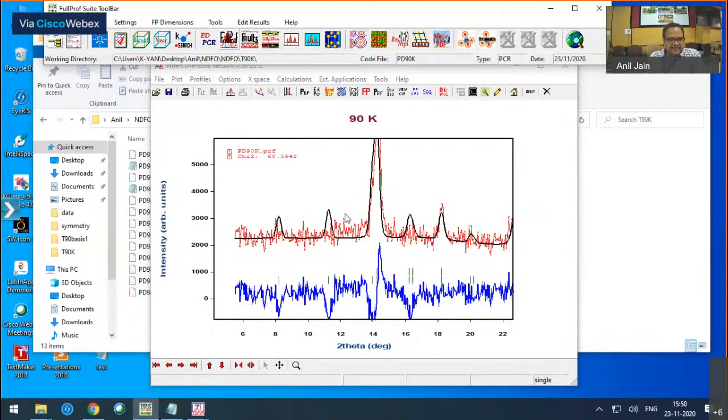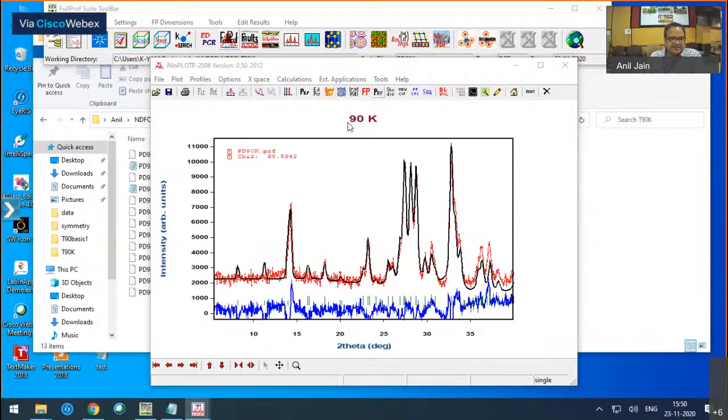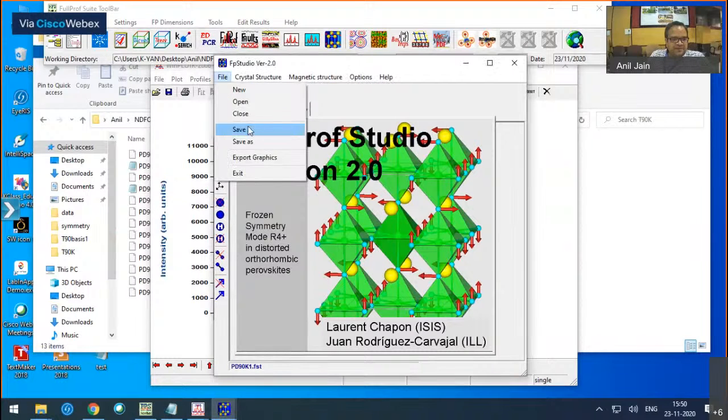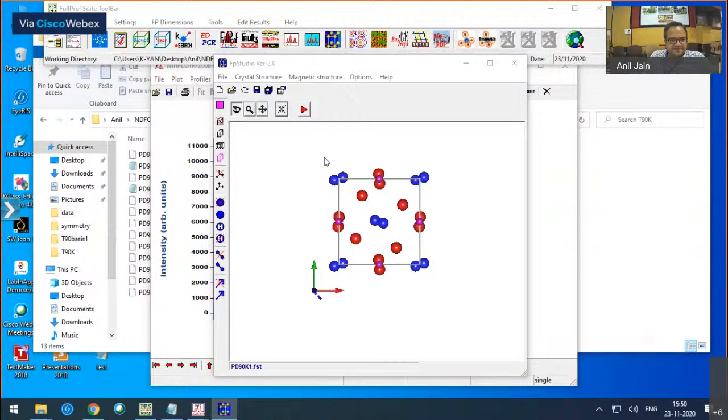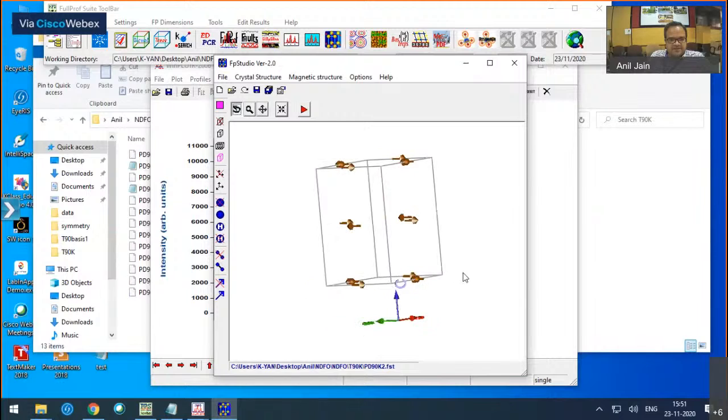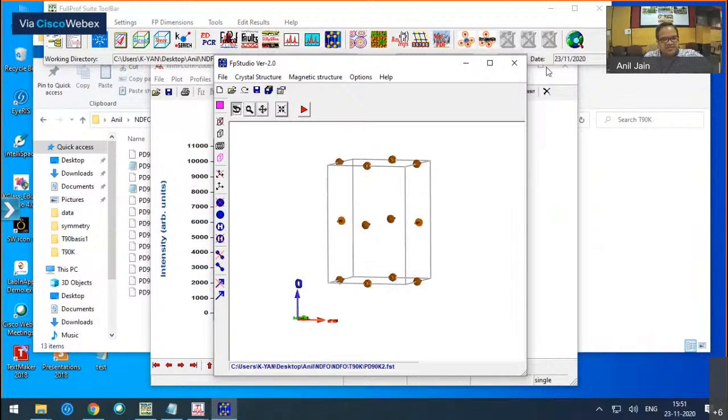So I believe what it is telling you is that your moments are along the B direction. And again, you can go to this studio, open it, and see this magnetic structure or magnetic moment. So this is how we work for the magnetic structure determination.